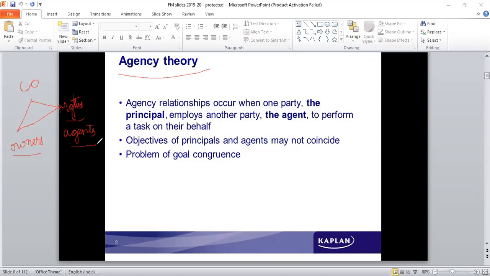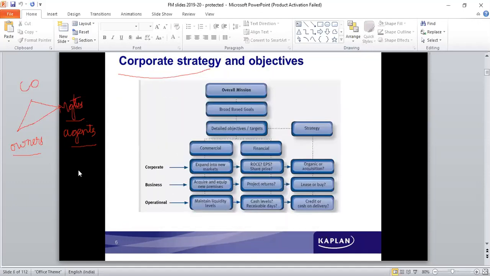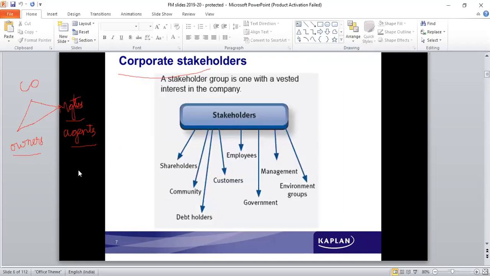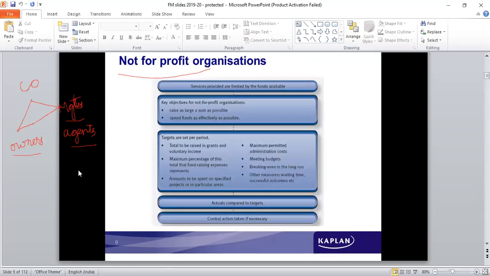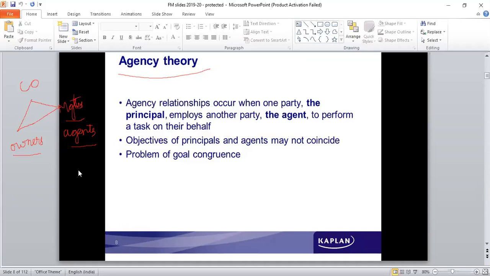Then all of them should work towards the achievement of the organization goal. We've seen that after the overall mission is decided, the goals and objectives are decided. So everybody in the organization should work towards the achievement of the same goal.